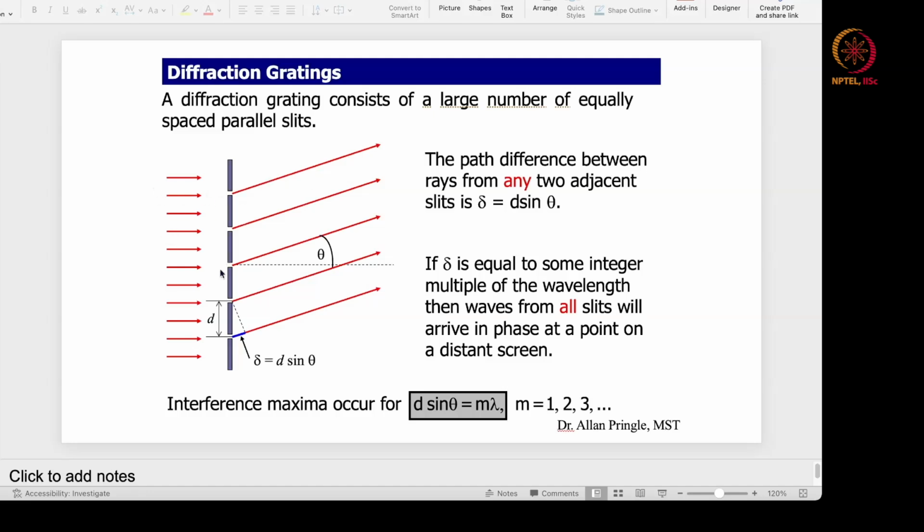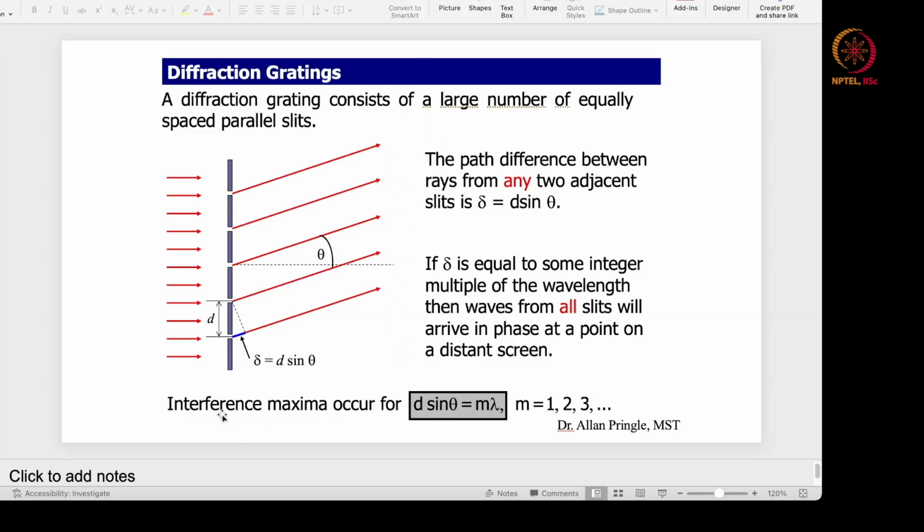So you have rays of light coming and impinging. The light going from here to here and the light going from here to here have a path difference given as delta equal to d sine theta. Now, if this delta is equal to some integer multiple of the wavelength, then waves from all the slits will arrive in phase at a point on a distant screen.